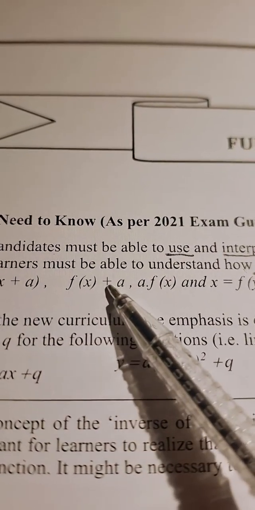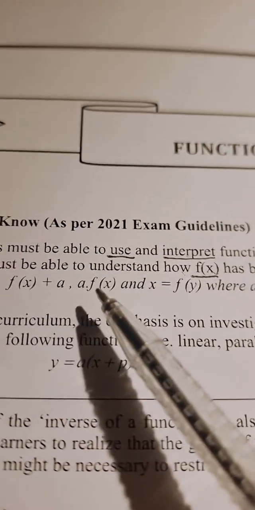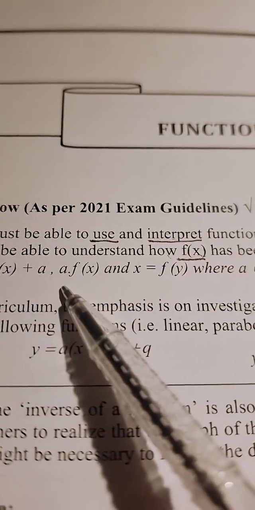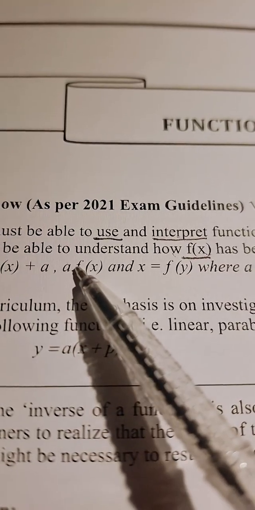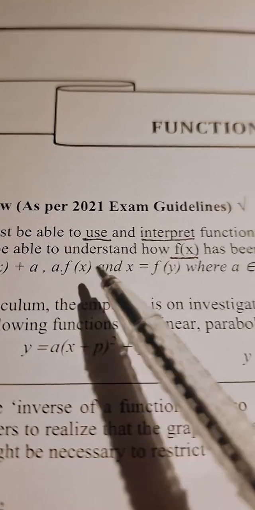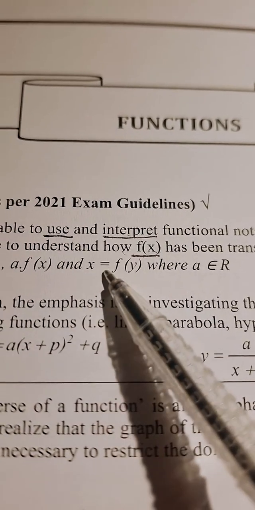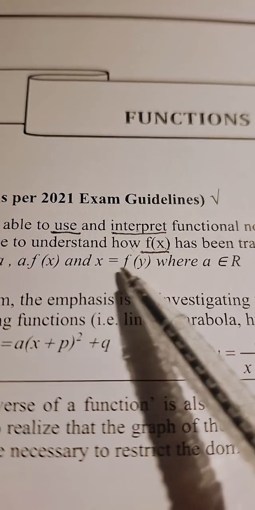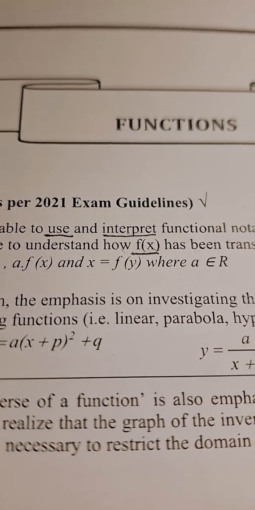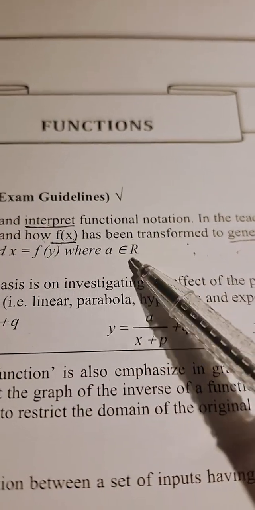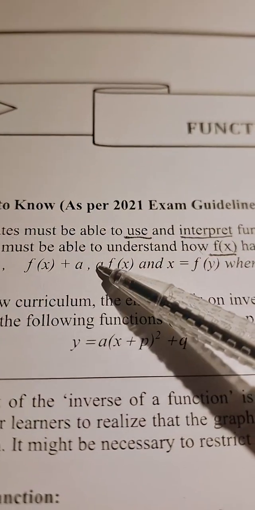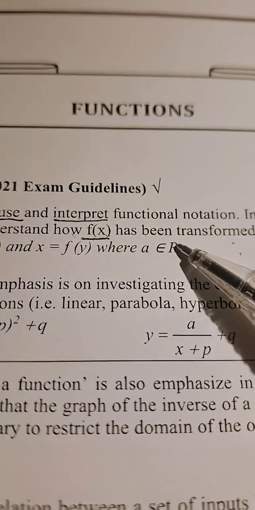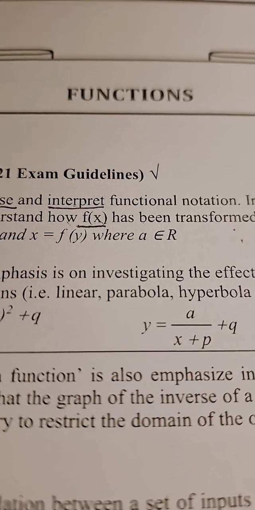Then the addition of a dot, meaning a multiplied by f of x, do you understand that? And then lastly, x is equal to f of y. Do we understand what transformation that is speaking to? Where a, here, there and there, are elements of real numbers.